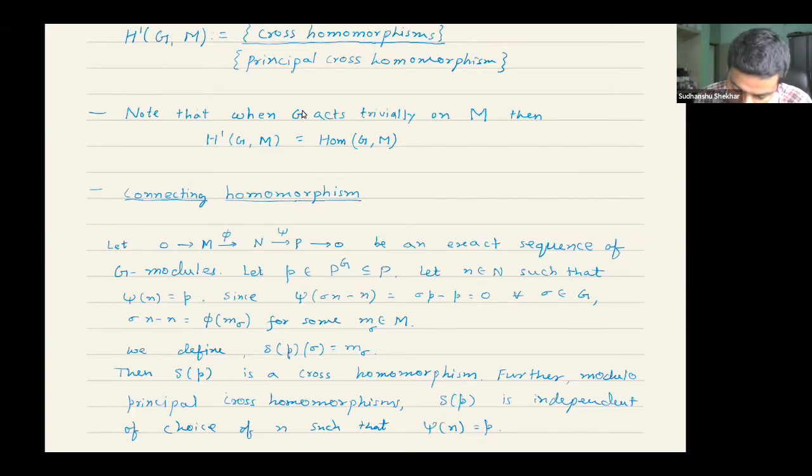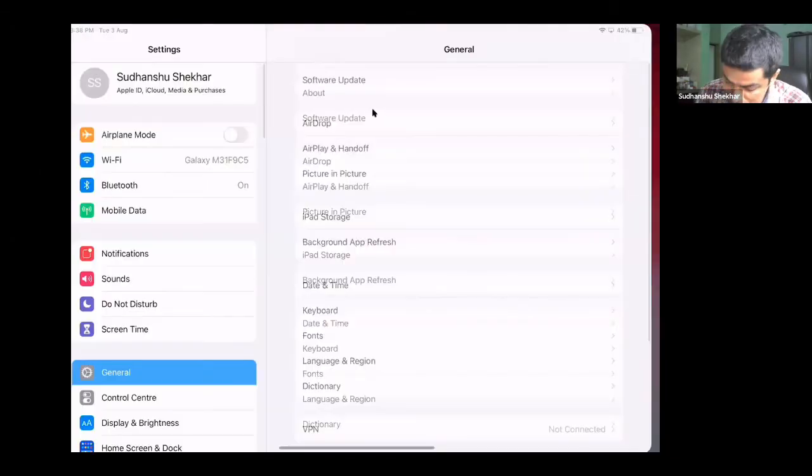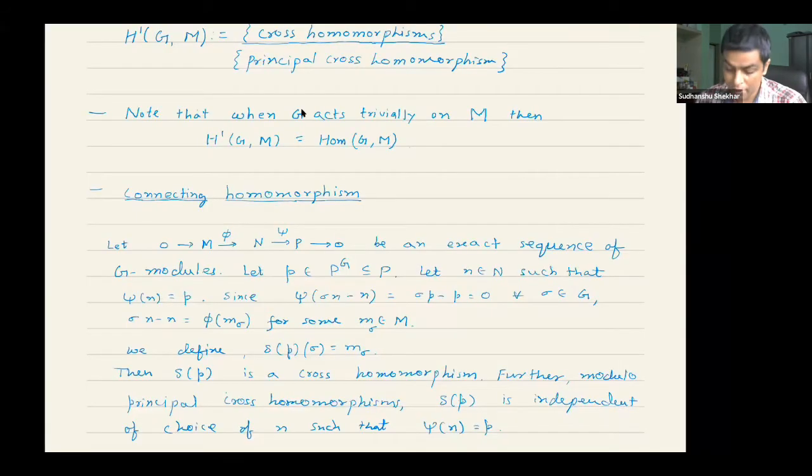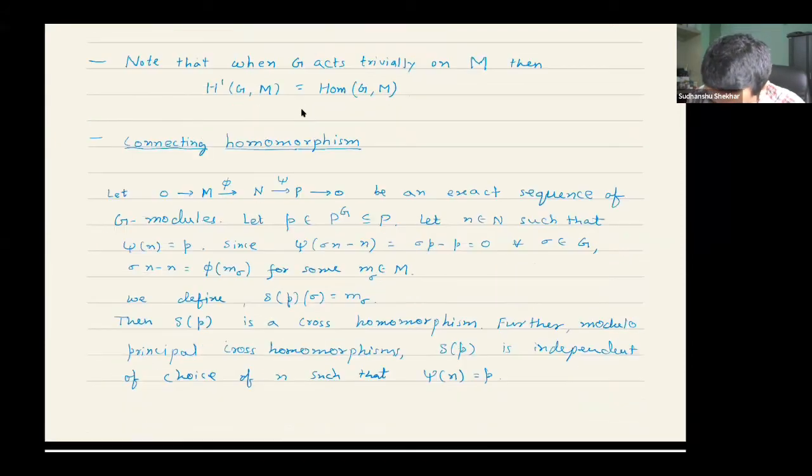Let M to N to P be an exact sequence of G modules. Then we want to define a homomorphism from H naught of G comma P to H1 of G comma M. This will be called the connecting homomorphism.